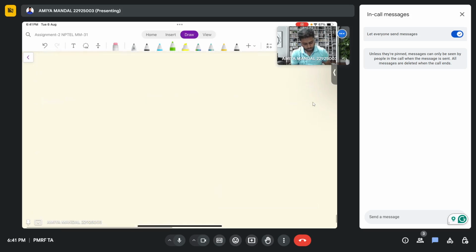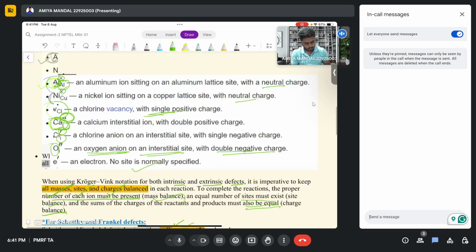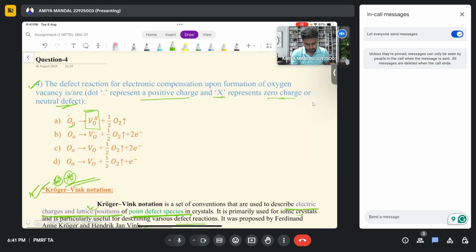Now, you can easily solve the problem regarding this defect reaction. First, this tells about oxygen placed at the oxygen site. Okay, oxygen is placed at the oxygen site. So what will happen here?